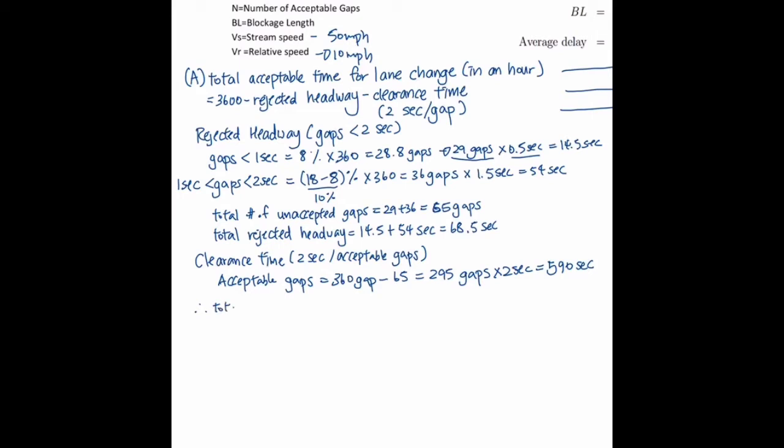Total acceptable time is equal to 3,600 minus the rejected headway, 68.5, minus 590, which equals 2,941.5 seconds.